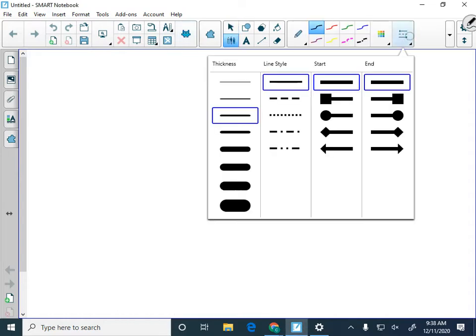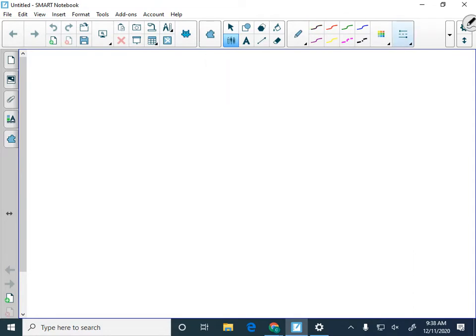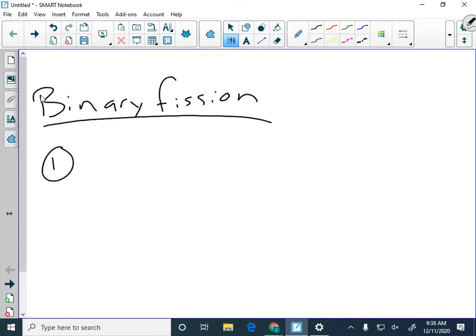All right, let's see if I remember where we left off. Two origins of replication. Yes, beautiful. Okay, so the entire process of binary fission. Step 1, replication begins.